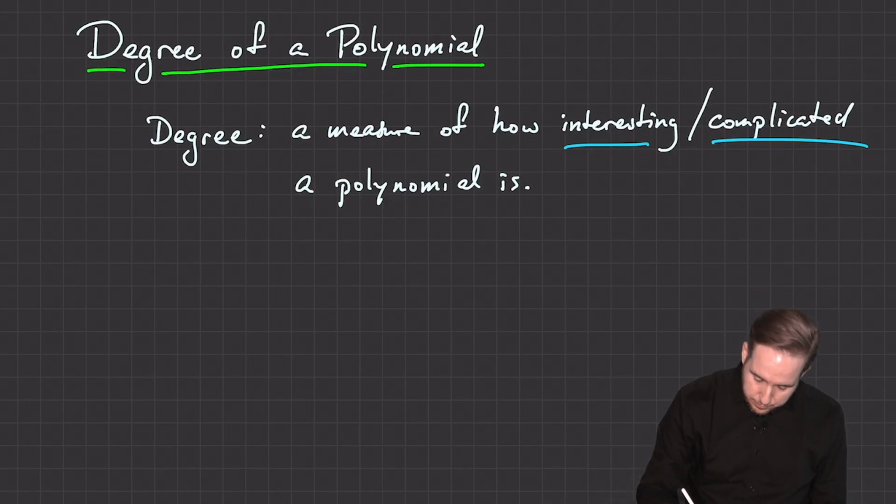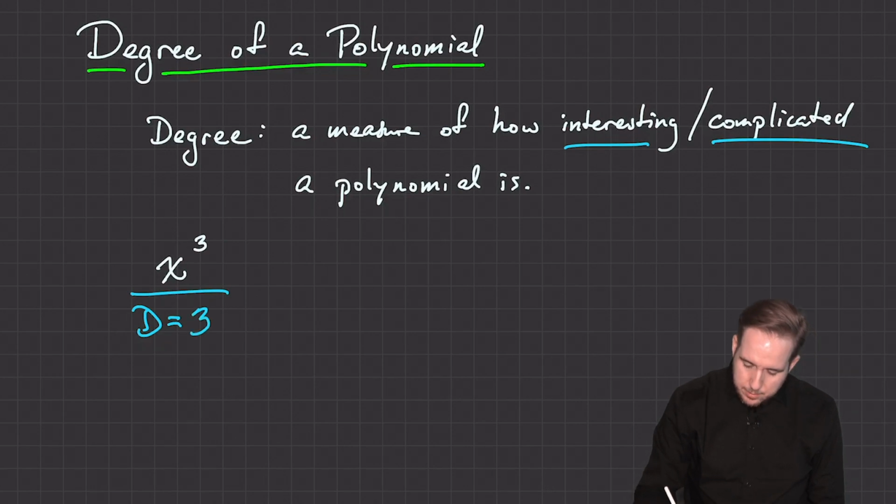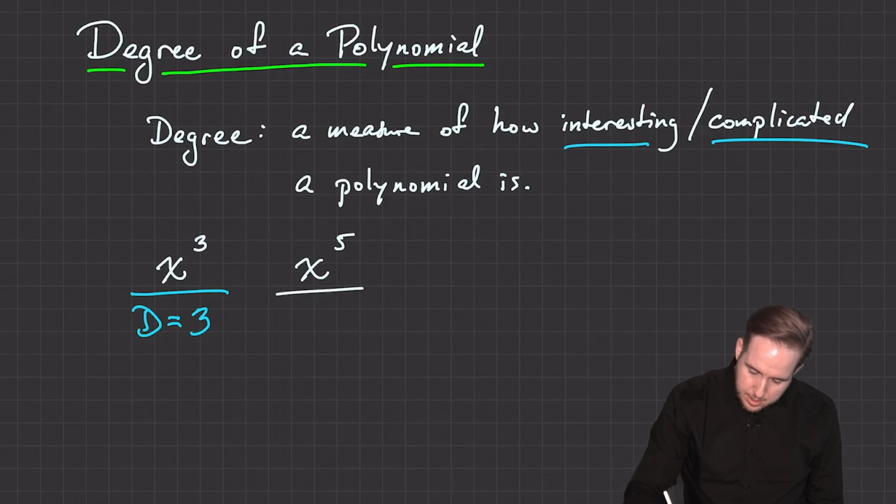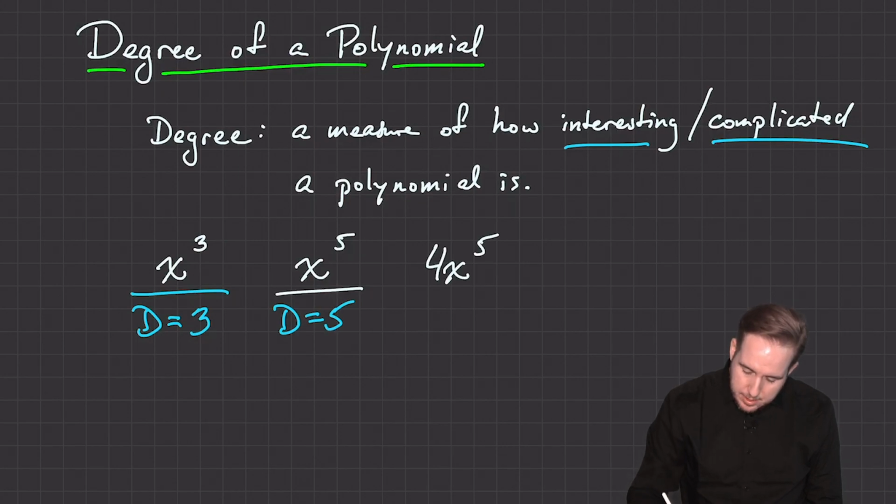So I will tell you, for example, that x cubed, that has a degree equal to 3. And x to the power 5, that has a degree equal to 5. So far, so good. Now, if I make this a little bit more complicated, let's say I make 4x to the power 5.